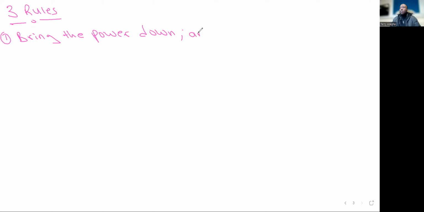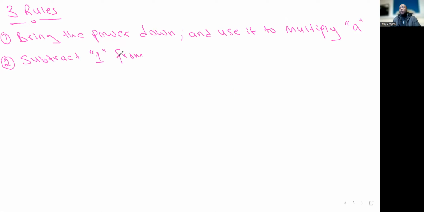You're going to multiply the a with it. So you multiply the constant with the power when you bring it down. Then, like the last video on power rule, you subtract 1 from the power, which is the n, and use the new power.